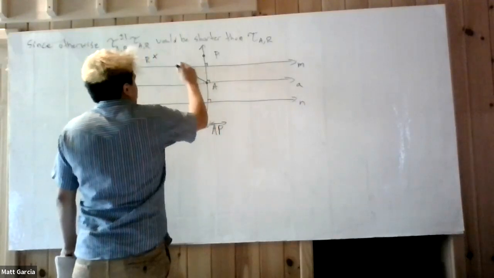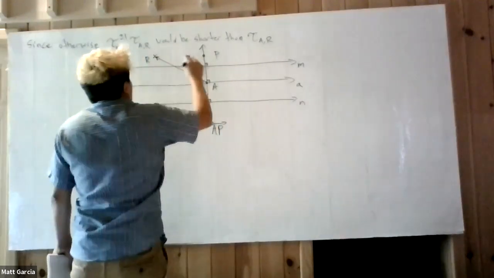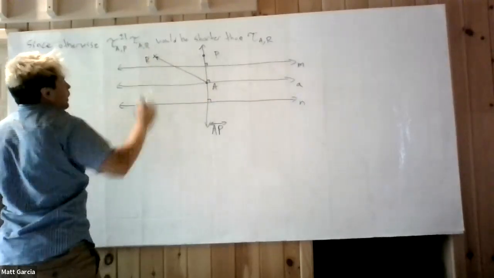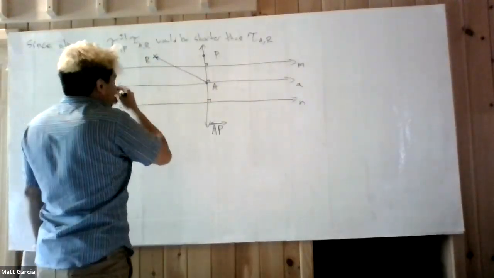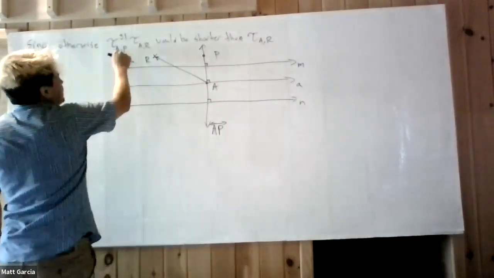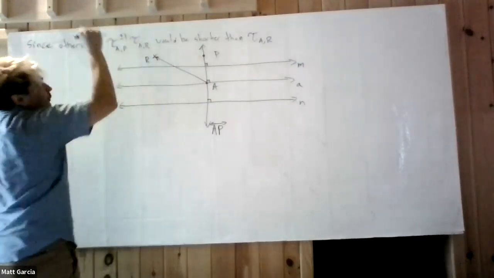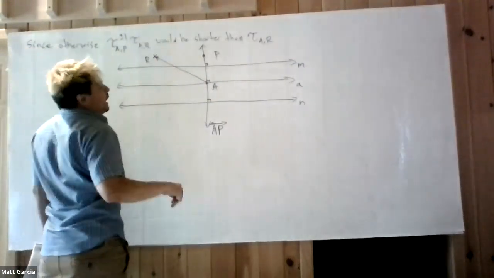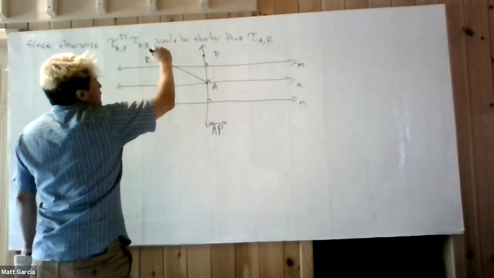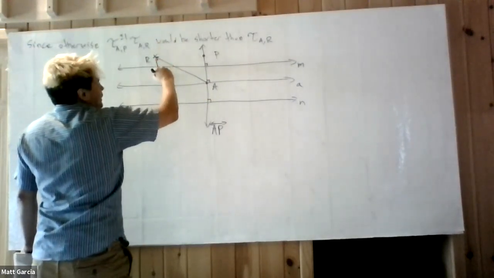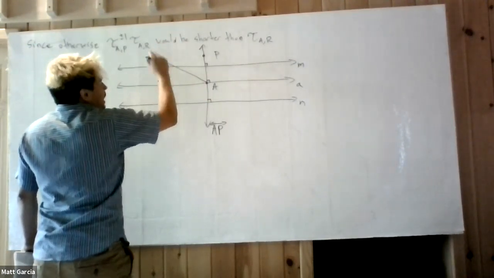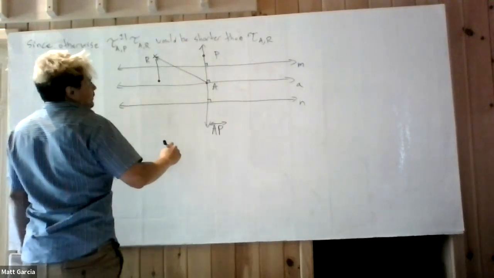So first I do translation from A to R. That takes the point A to the point R. And then in this case, I want to do the translation from A to P inverse, because I'm above the line M. So that will take me to some place slightly above the line A, right?